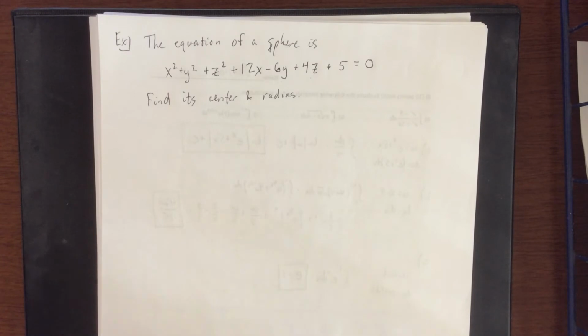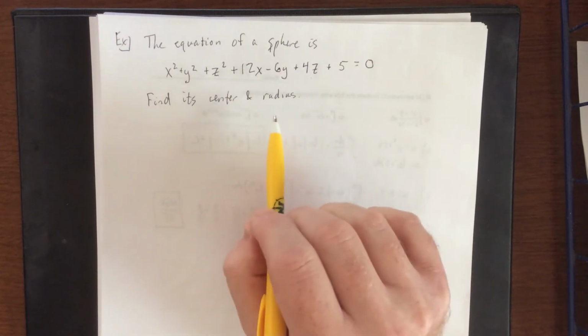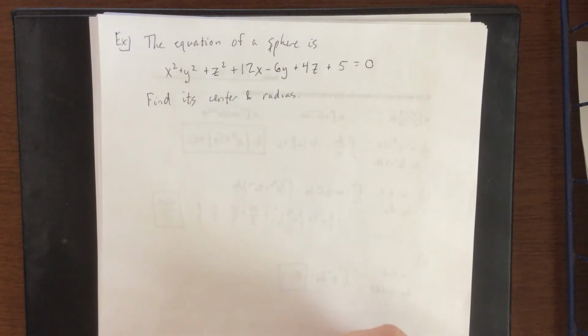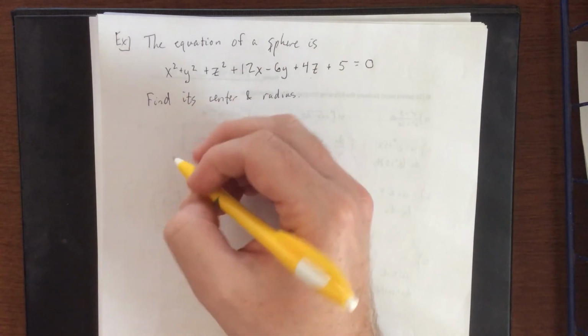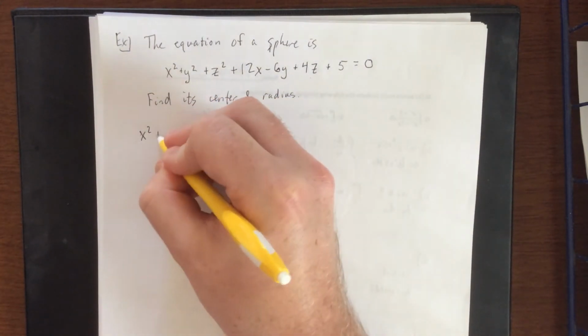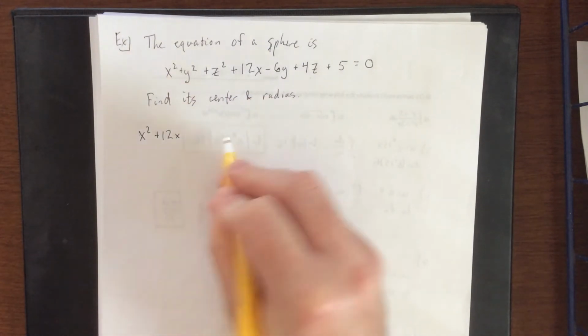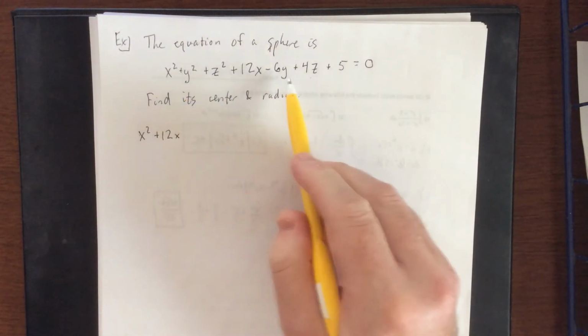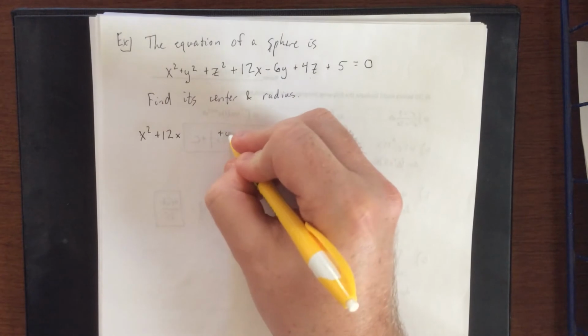Now with that in mind, we've been given a more general form of a sphere, and what we're going to have to do is complete the square in order to get it into standard form that has all those nice completed squares. So first thing I'm going to do is rewrite this equation in a way where the x's are gathered together. We'll be completing the square on those. The y terms are gathered together.